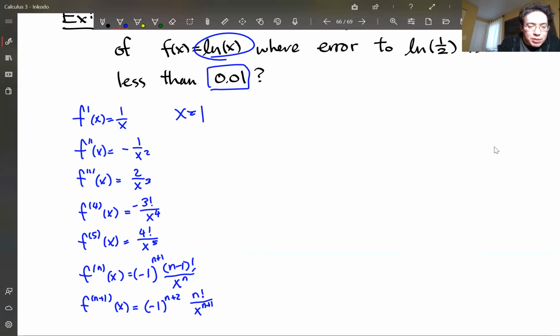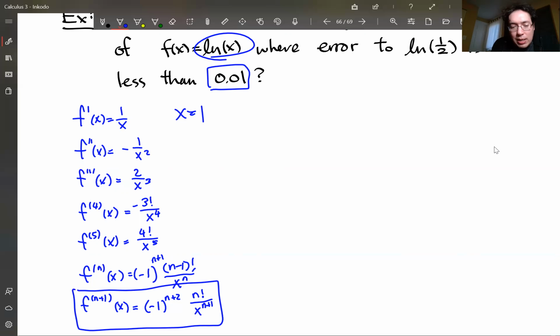Okay, so this is the n plus first derivative. So I have to come up with a constant M that's bigger than this. Okay, so I'm taking the absolute value so I can ignore this (-1) to whatever power. So the negative sign goes away.